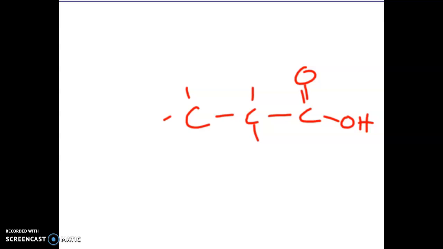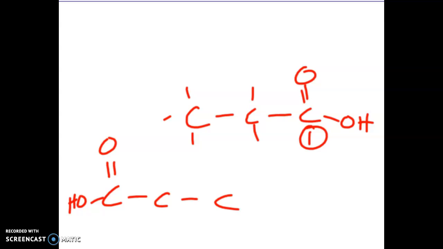Regardless of whether I have my carboxyl group on the right or the left, this carbon is carbon number 1. If I had it the opposite way, it would not matter. Carbon number 1 is always your carboxyl group carbon.